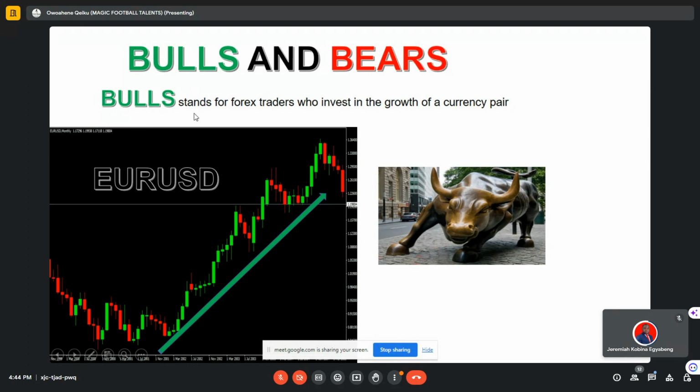The bulls stand for forex traders who invest in the growth of a currency pair.